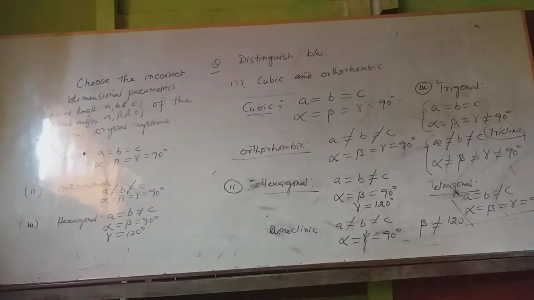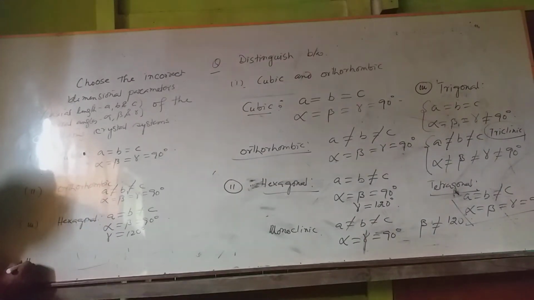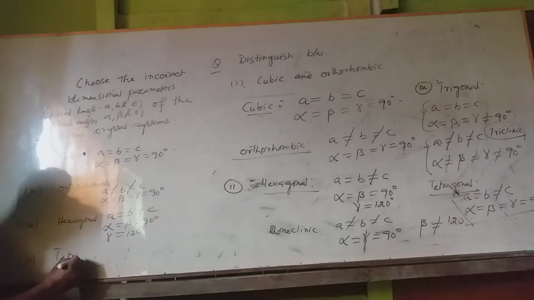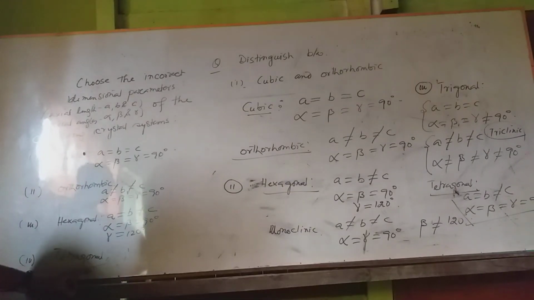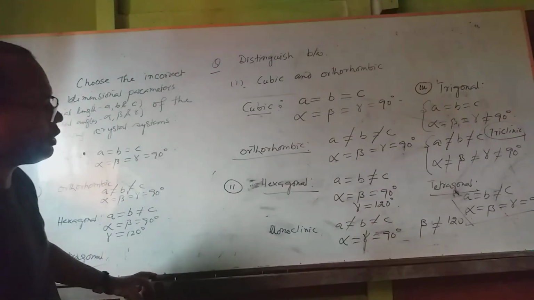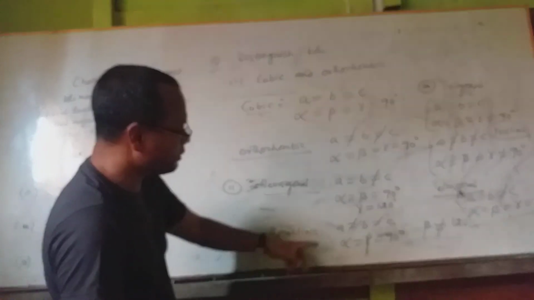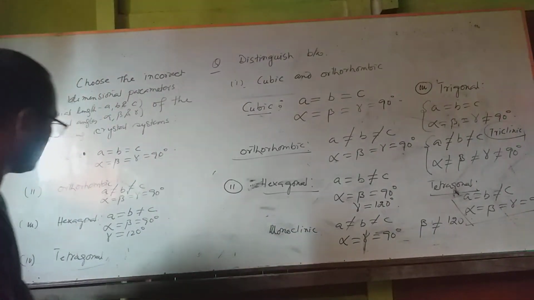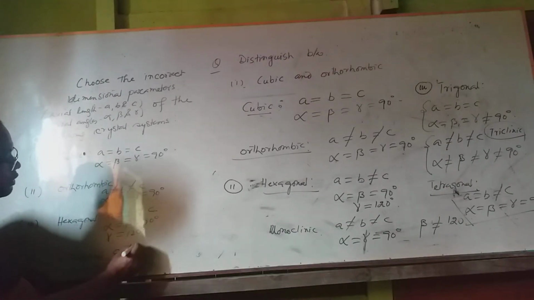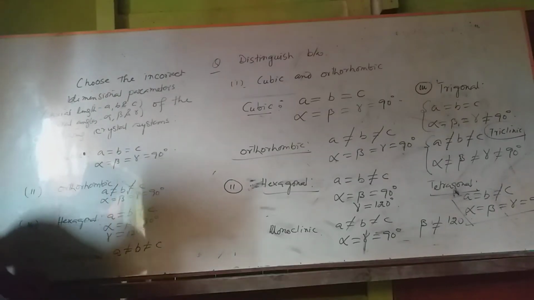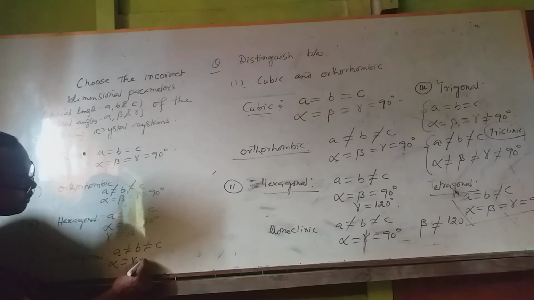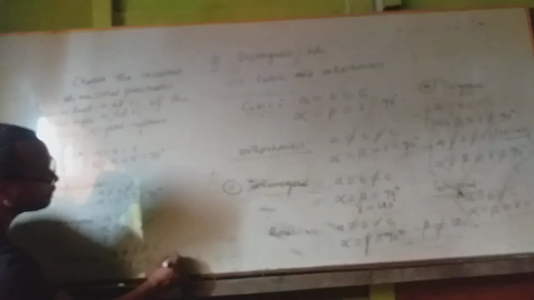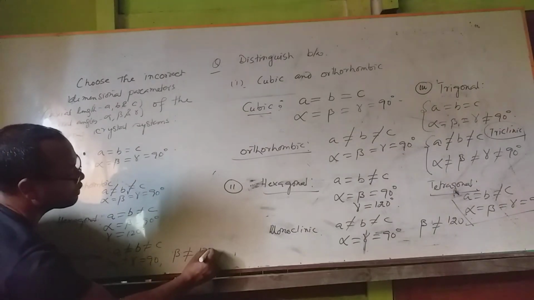Suppose I write number 4, tetragonal. Let me choose one of the parameters. I write A not equal to B not equal to C, and alpha is equal to gamma is equal to 90 degrees, but beta is not equal to 90, it is 120 degrees.